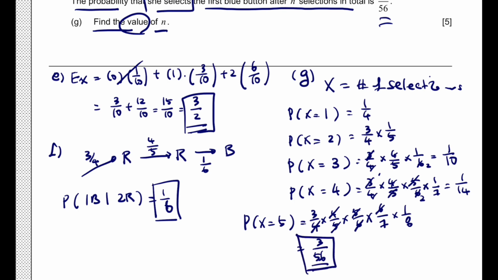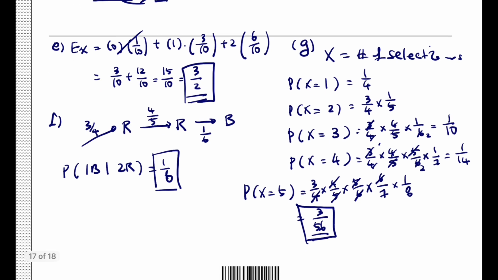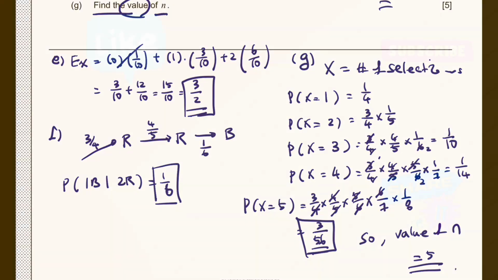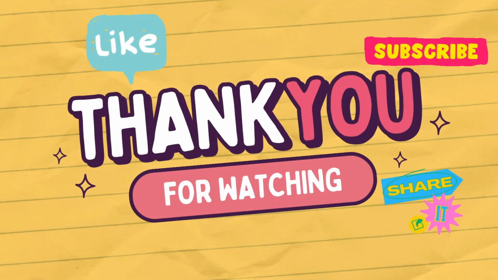So when you select 5 buttons and choose the first blue button at the 5th time, the probability equals 3 over 56. So the value of n is equal to 5.